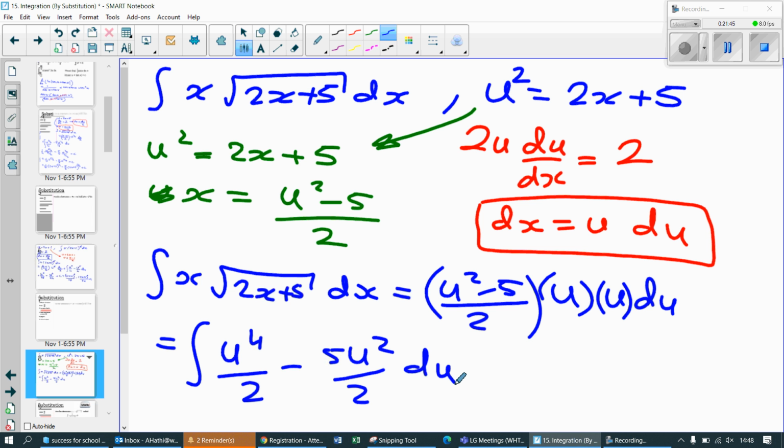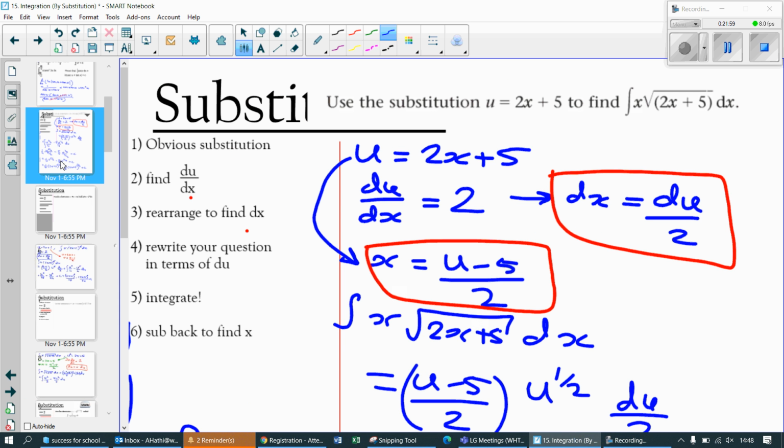Now, I'm not going to finish it, but from here you can all integrate this. You've known how to integrate this since the start of year 12. Then you just go back and change your substitution. When you get your answer, you substitute back in, and you'll get the same answer as we did here.